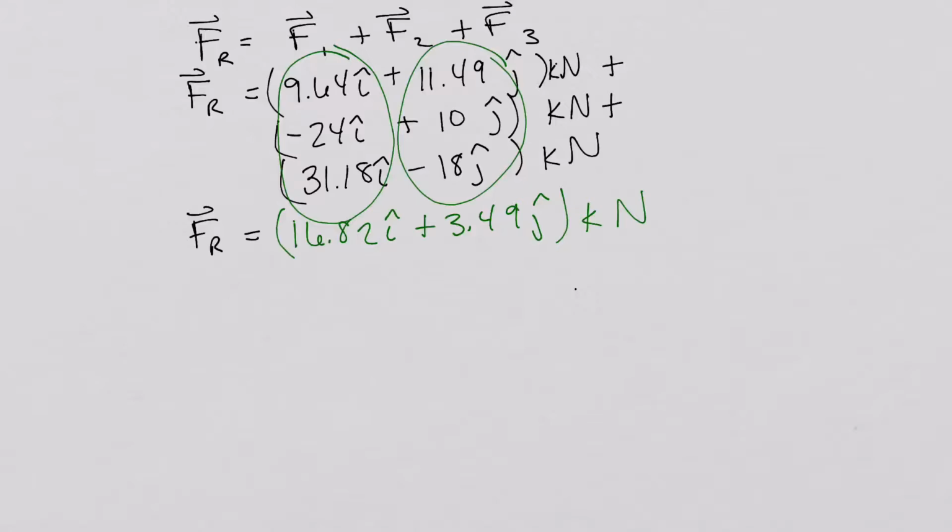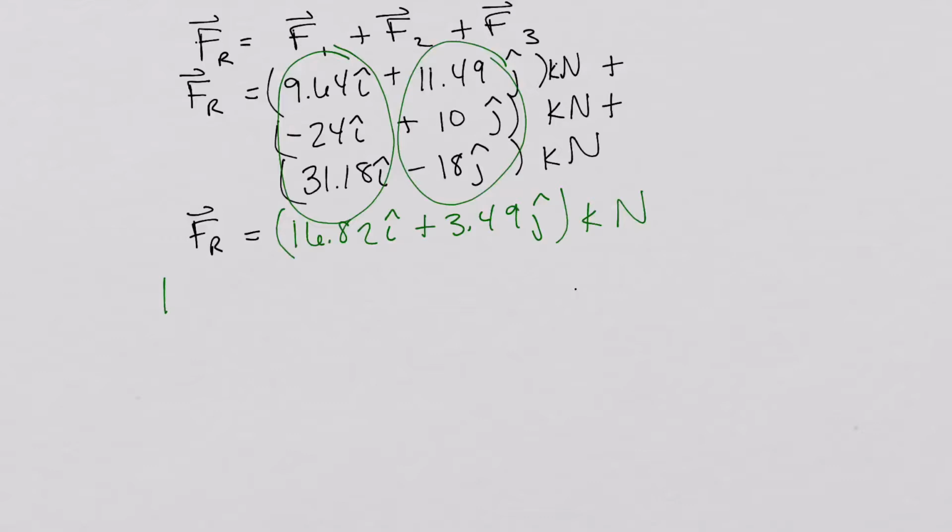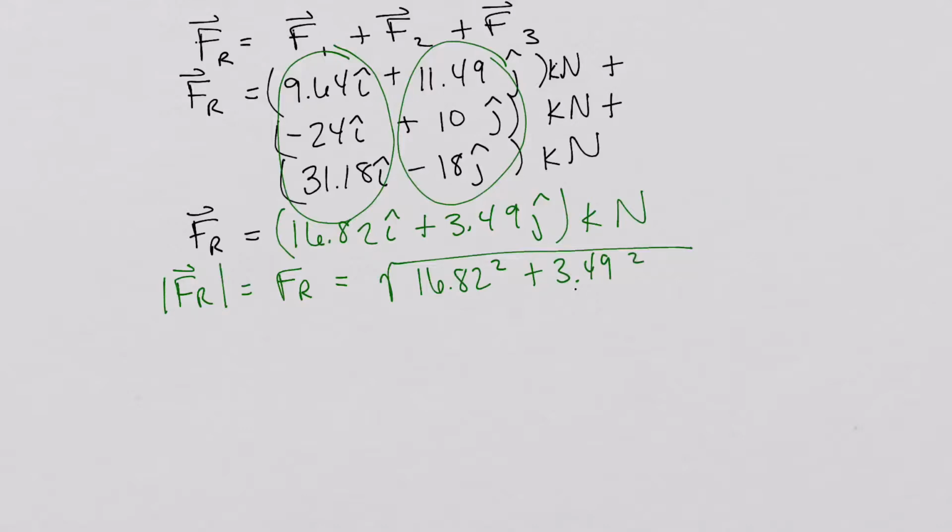So now we know what that F sub R is. They want us to find the magnitude of it. The magnitude of FR is the square root of 16.82 squared plus 3.49 squared, in kilonewtons. And that gives us 17.18 kilonewtons.